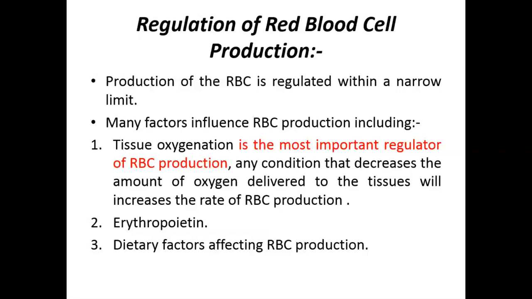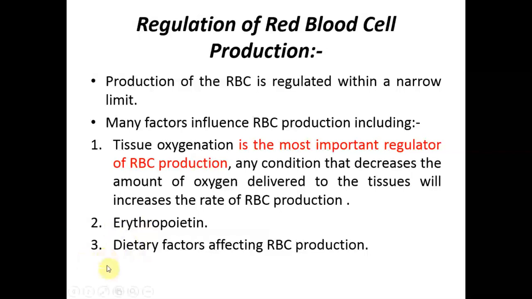So the amount of oxygen delivered, لأن احنا قلنا mainly this is done by the hemoglobin، هذا راح يقلل كمية الأكسجين اللي واصل للتشو, so it will sense it and send the message to the bone marrow to increase red blood cell production. إذا هذا the most important regulator. شلون راح يسوي هذا؟ شلون راح يزيد عملية صناعة red blood cells؟ through erythropoietin.